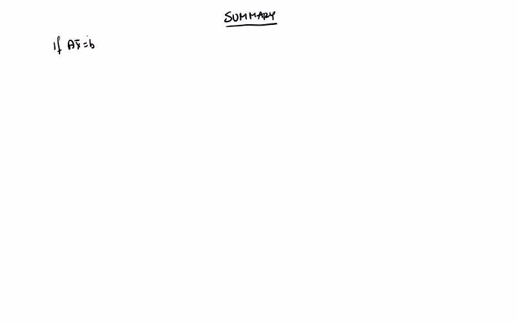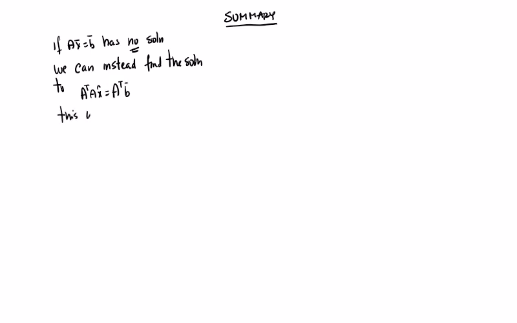If this guy has no solution, what we can do is we can instead find the solution to A^T A x hat equals A^T b. This will have a solution, and that solution will be unique if the columns of A are linearly independent.